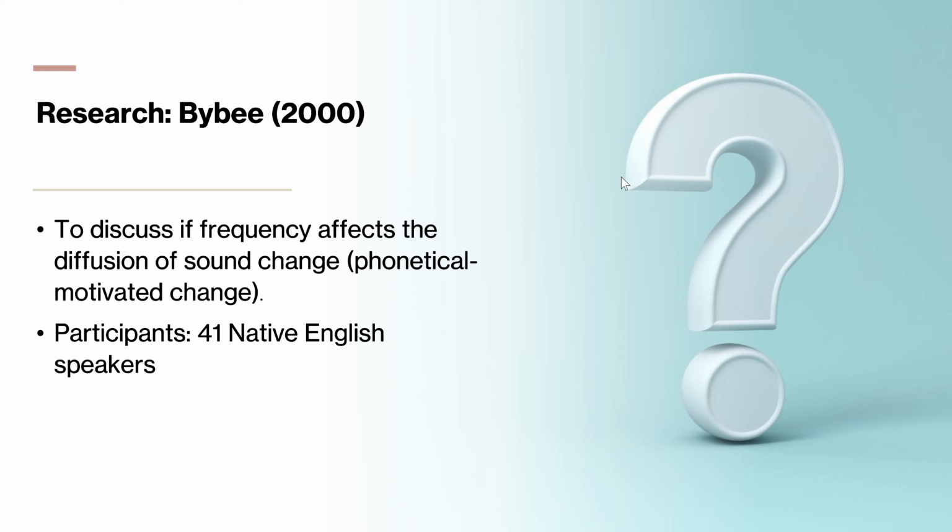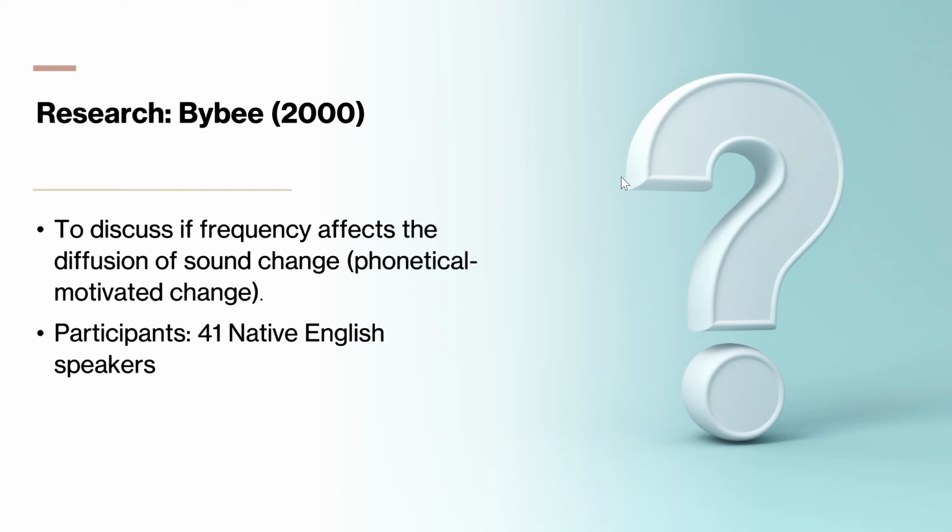She split the corpus into half to study the words with the final t and d sounds. Half of it has high frequency, the others have low frequency, which means that some words appear more than the others. Words like just, went, and, these words have high frequency.